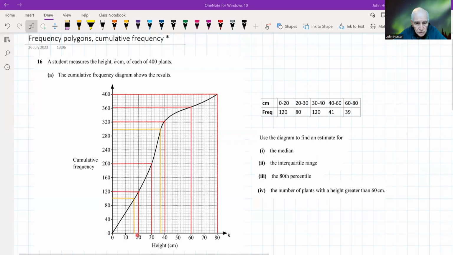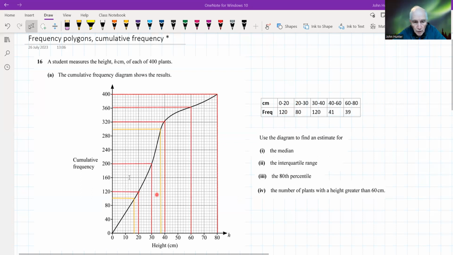Quite a lot of lines on this diagram, but you just concentrate on the red ones for the moment. So that's what that block will represent there. Okay, 0 to 20, frequency of 120. Now, we said 20 to 30 is going to be 80, but if we think cumulatively, so 0 to 30 would be the sum of these two.